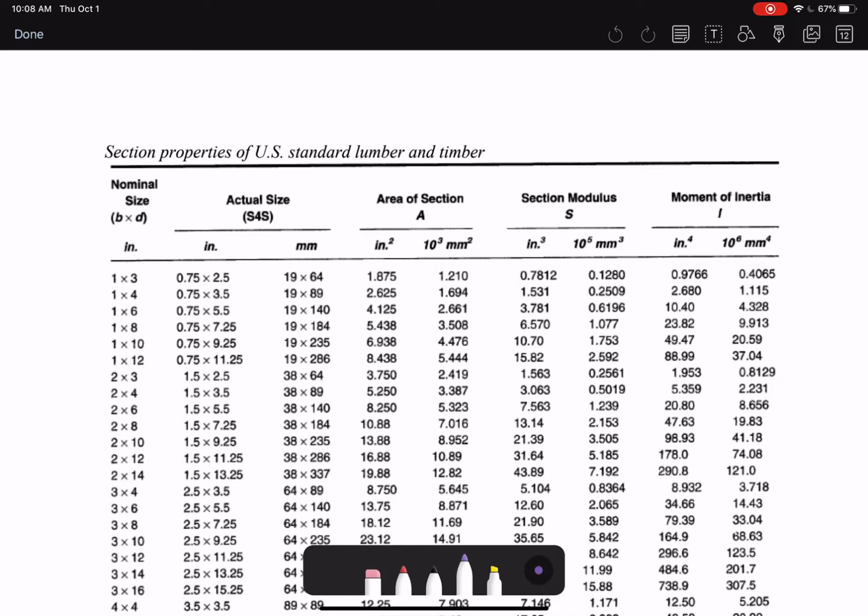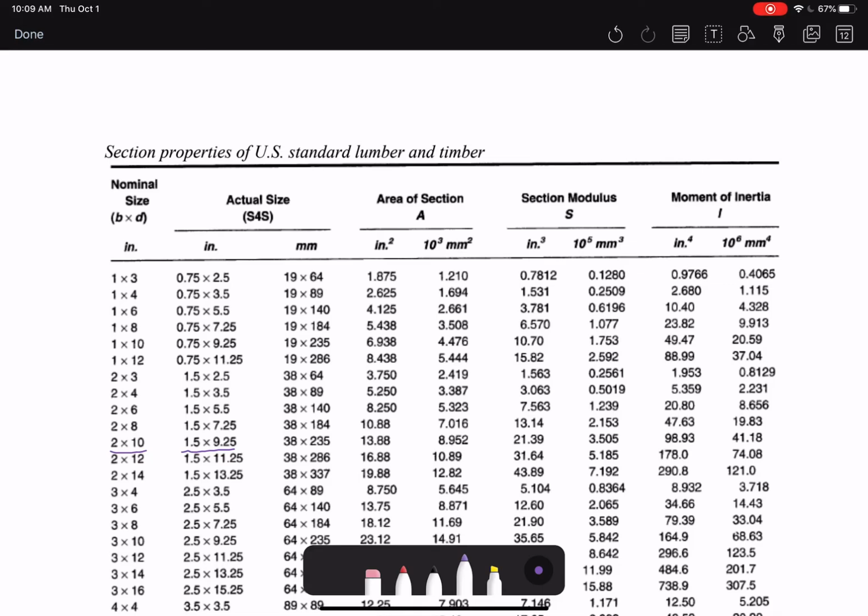Then the actual size, as you can see there, is 1.5 times 9.25 inches. So the 2 by 10 in nominal dimension has an actual size of 1.5 times 9.25.